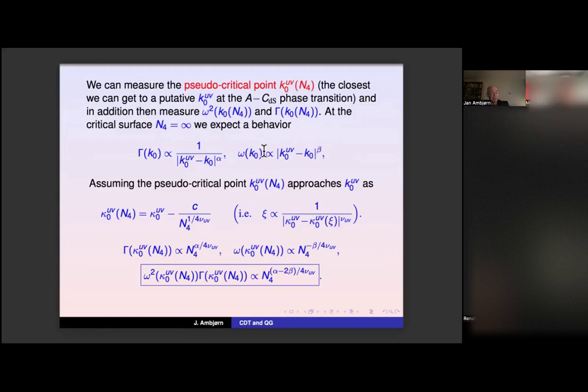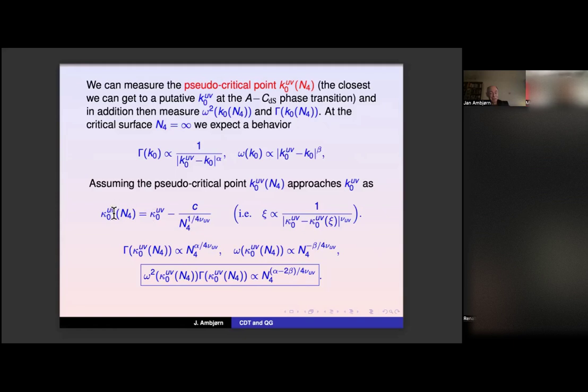And we can now measure these using finite size scaling, because the pseudo-critical point should approach the critical point in a certain way with some critical exponent. And this is related to the derivative of the beta function, as we discussed in the ultraviolet fixed point.